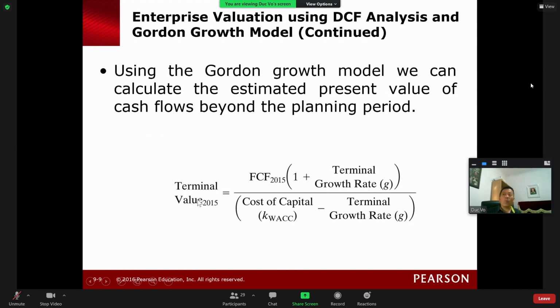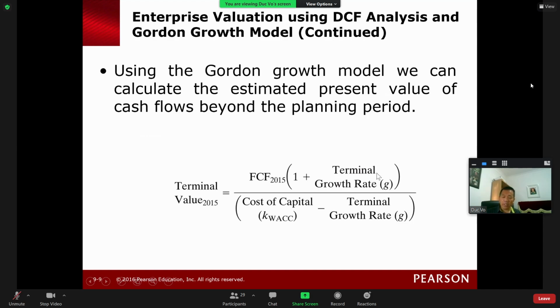And if you remember when you did the stock valuation, you learned the Gordon-Growth model, or the GGM. What it tells you is that the terminal value at year 2015 will depend on the free cash flow for the same year, increased by the terminal growth rate.